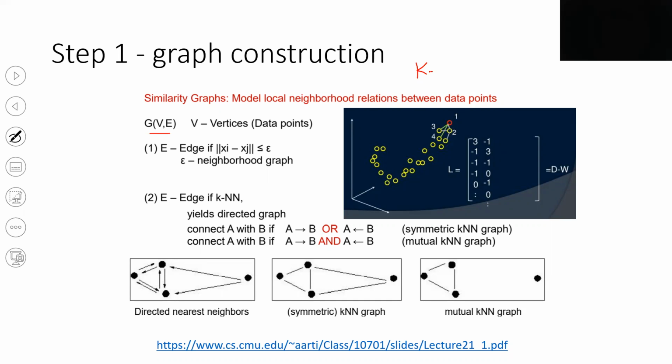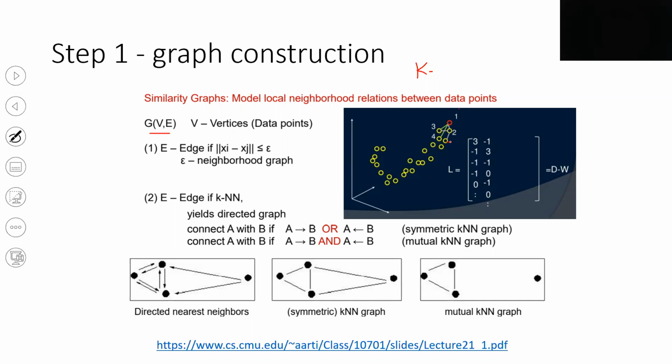So k equals 3 in this case, maybe. Every node has 3 neighbors, and make a link. So this point is not in the nearest k. This is the 4th nearest, so only 3 are linked.